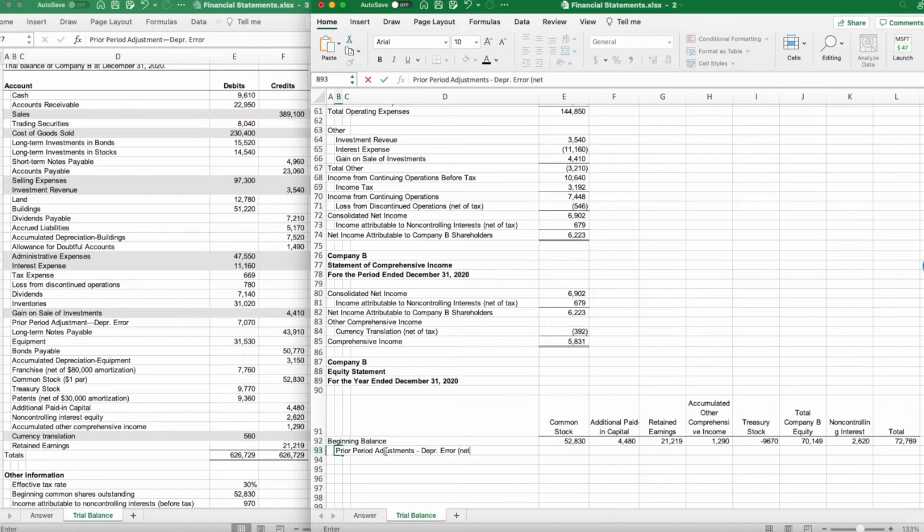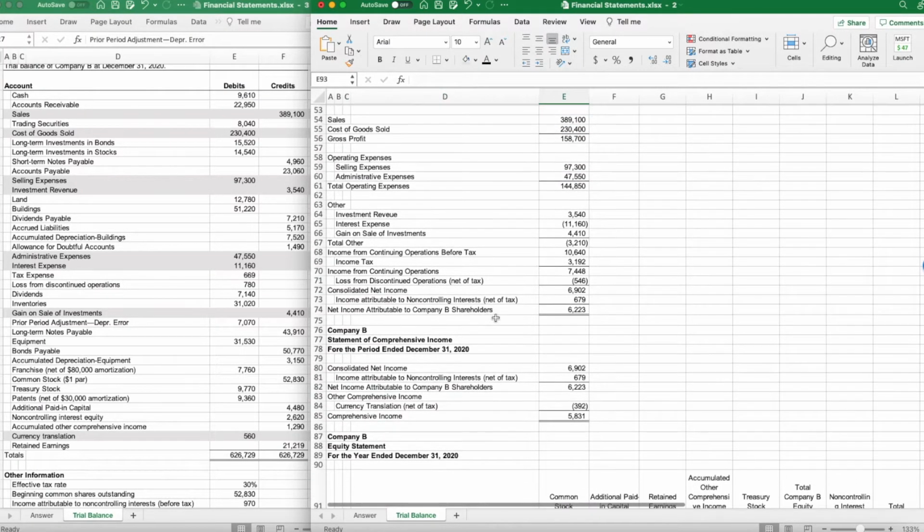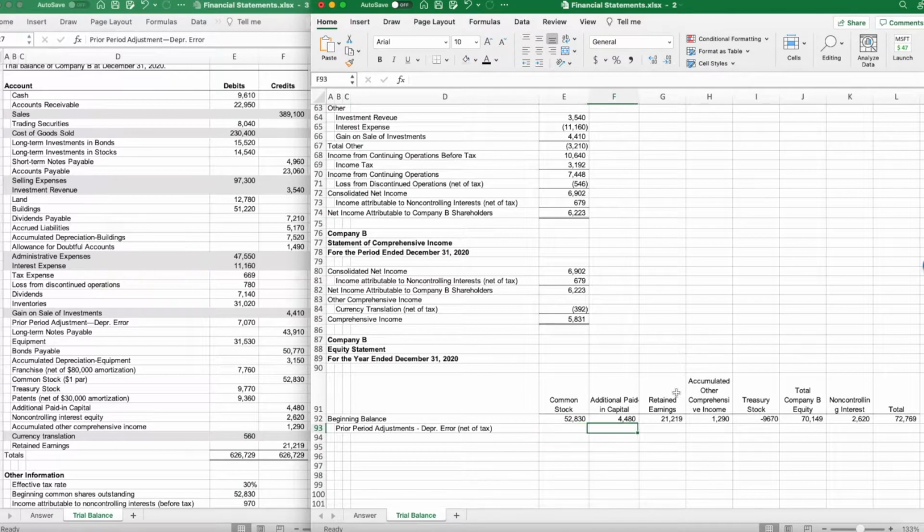This is going to have to be net of tax because it should have been tax affected when we did it way back when, and it is not here in our income tax line item from our income statement. So it has to be net of taxes. This is only going to affect prior period retained earnings because the net income impact of this should have been closed out to retained earnings as part of our closing entries.